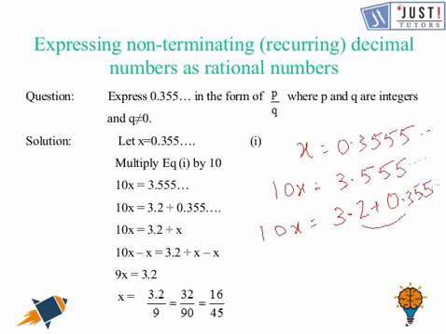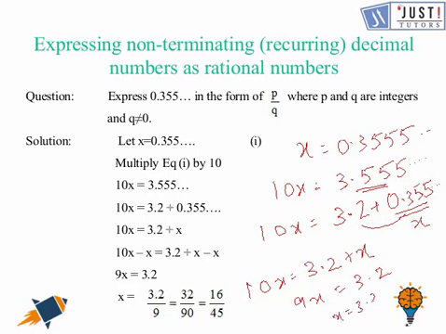If we add these two numbers we get this, but this is the same as x. By substituting, we get 10x equals 3.2 plus x, which is the same as 9x equals 3.2. So x is 3.2 over 9, and we can simplify it as 32 over 90, which is 16 over 45.